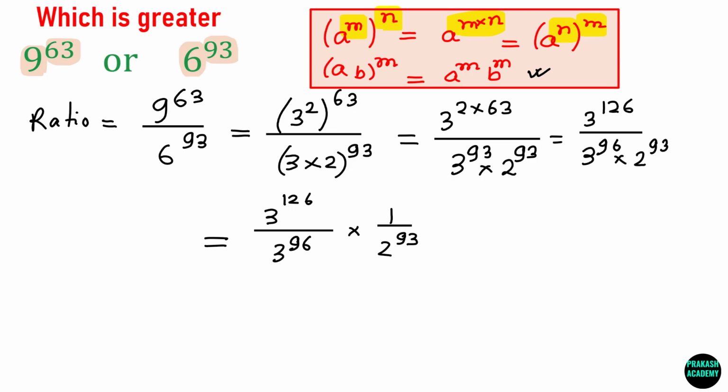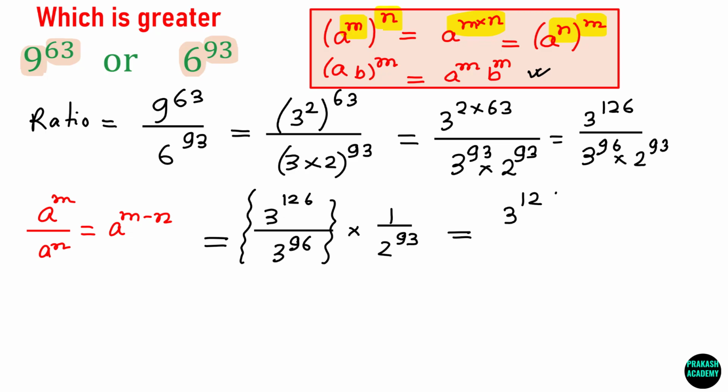Now the rule again: we have a raised to the power m divided by a raised to the power n. This can be written as a raised to the power m minus n. So if I use this rule, I can simplify this term further. So this will be 3 raised to the power 126 minus 93, divided by 2 raised to the power 93.